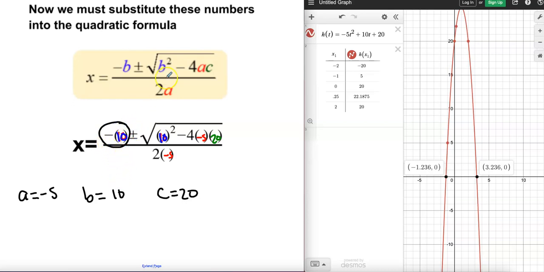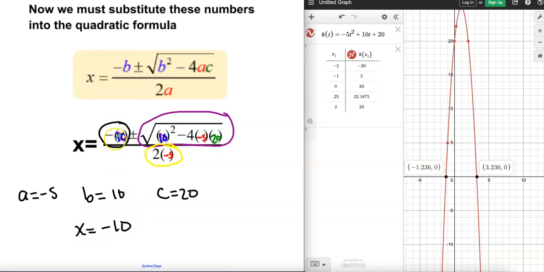This is one section that we're going to simplify. Let me get another color. This is another section, and this is another section. There are 3 different sections.